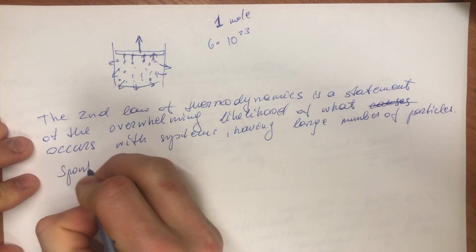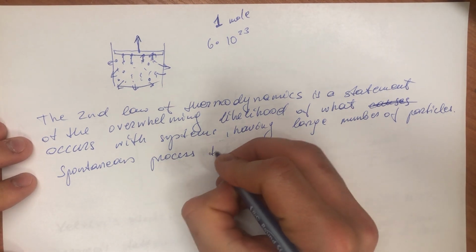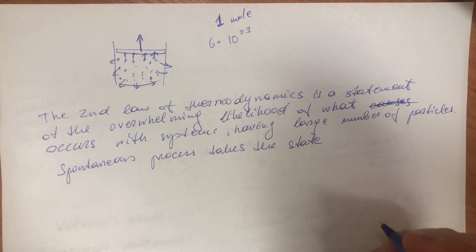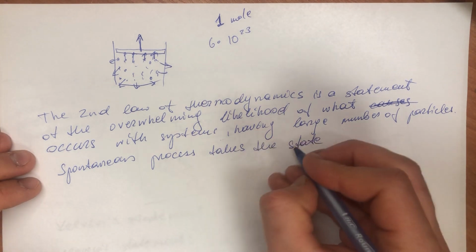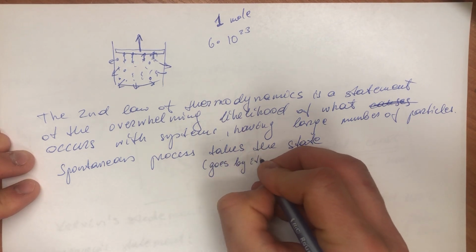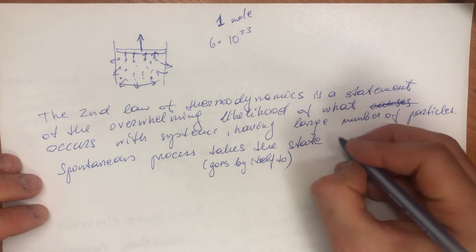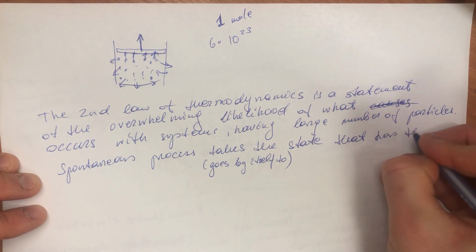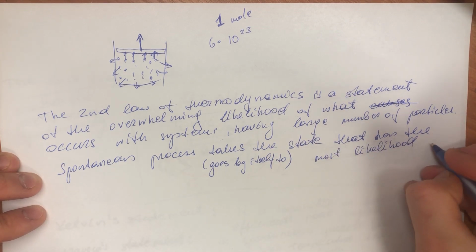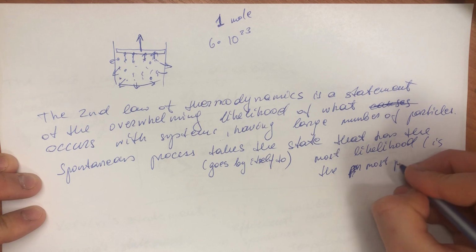a spontaneous process goes by itself to the state that has the most likelihood, it means the most probable.